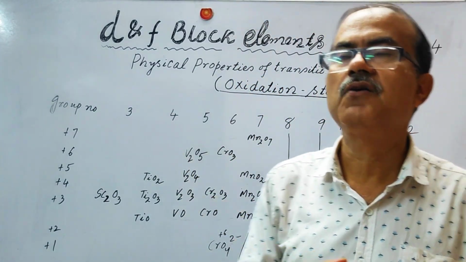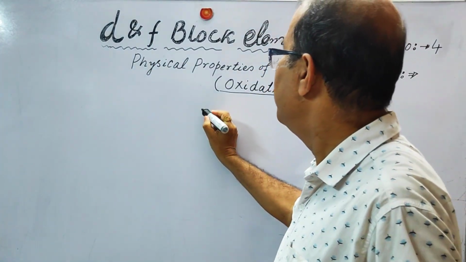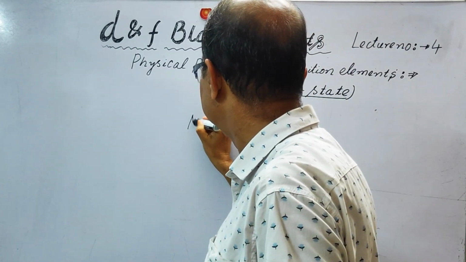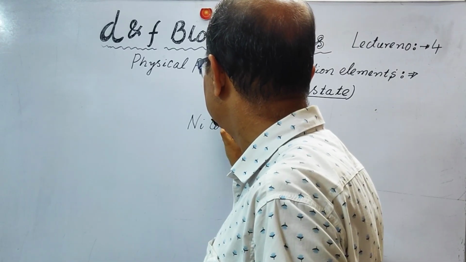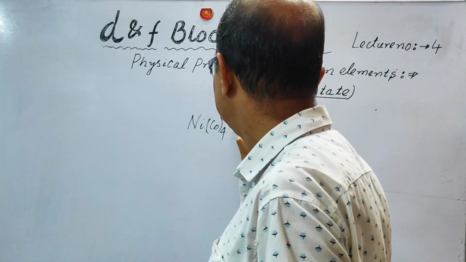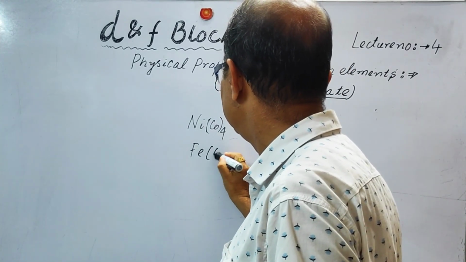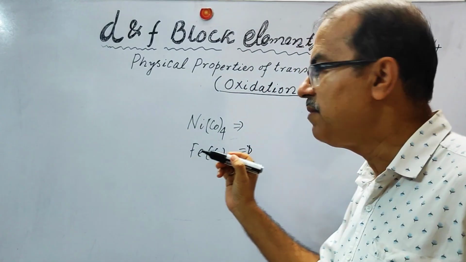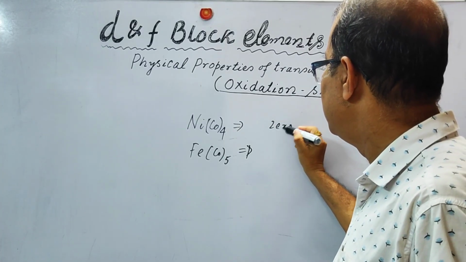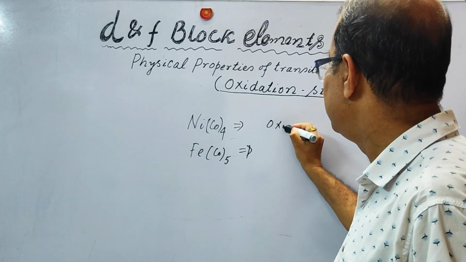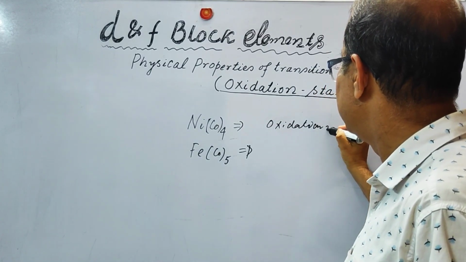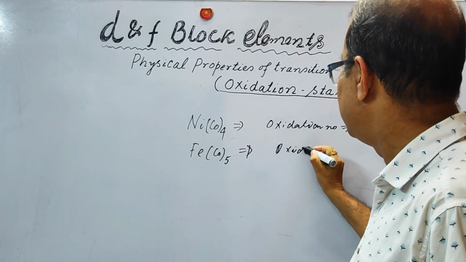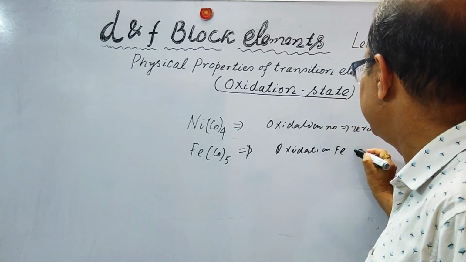Another thing that we have observed is variable oxidation. In the complex compound Ni(CO)4, or the complex compound Fe(CO)5, the oxidation number of nickel is 0, and the oxidation number of iron is also 0.